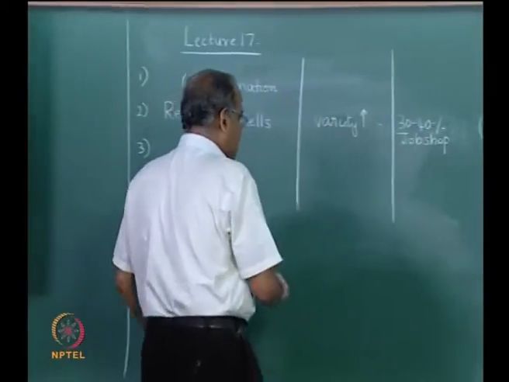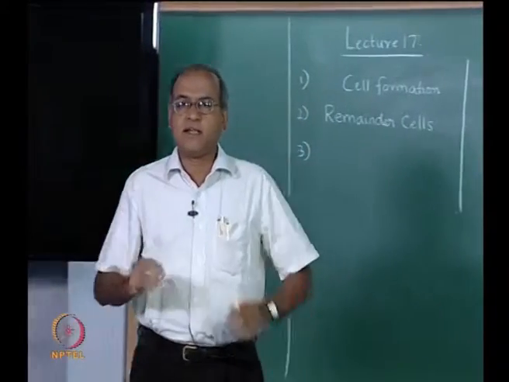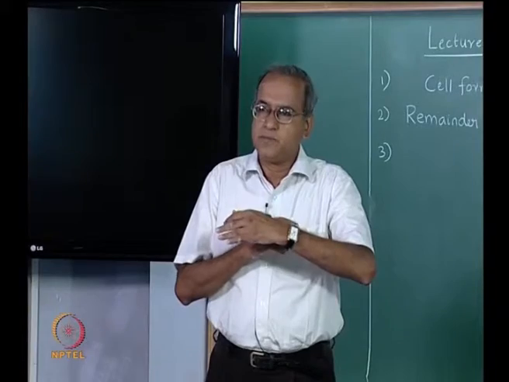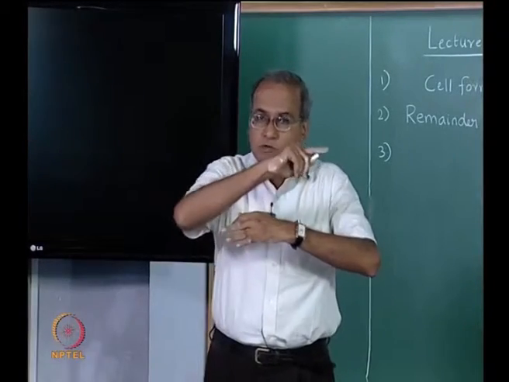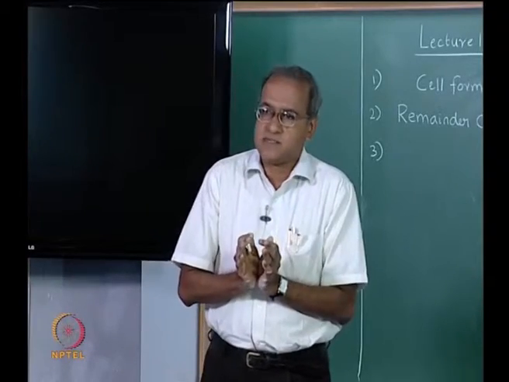Now there are 2 ways of looking at the picture that I had drawn here. One is to say that if I create a remainder cell, my intercell moves reduce, but my moves into the remainder cell increase.